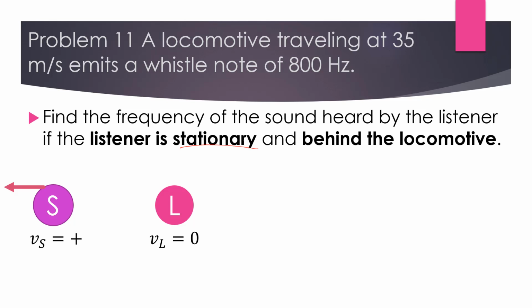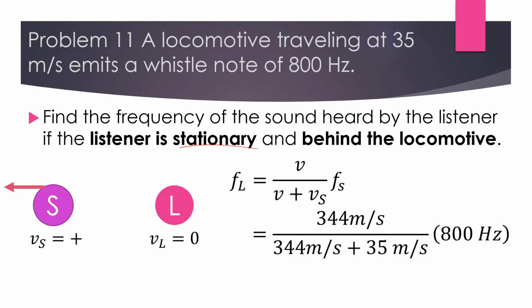It means that your Vs is a positive number. So therefore, the frequency heard by the listener can be reduced into this one, and plug in the given, we will get a frequency heard by the listener of around 726, which is less than the frequency emitted by the source, because your source is moving away from the listener.